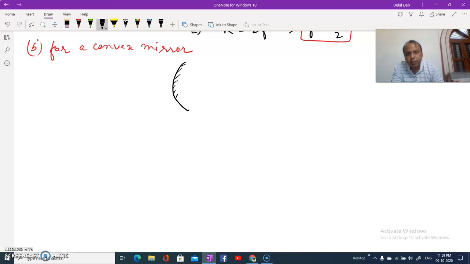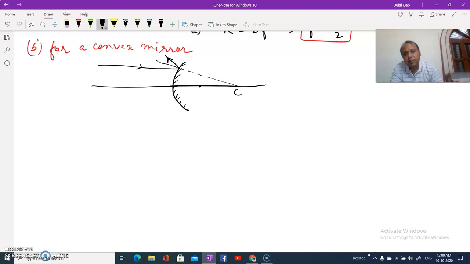This is the principal axis. We consider an incident light ray. We draw a normal here, which passes through the center of curvature. Then we have the reflected light ray here, which appears to be coming out of the focus.